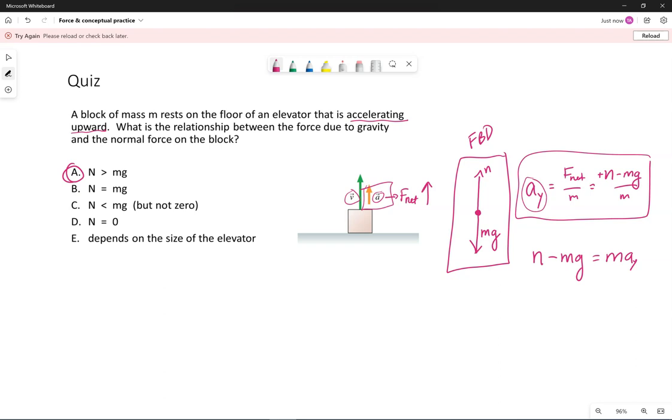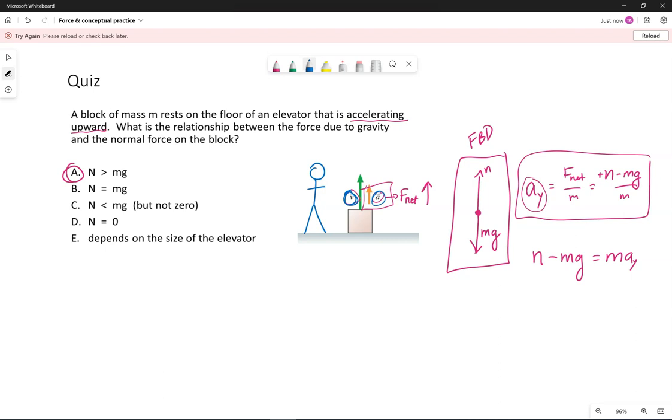Total side note, if you've ever been in an elevator, or perhaps just go to a building that has an elevator, if you were standing in the elevator, so you started at rest, you start moving upwards and speeding up at the same time.